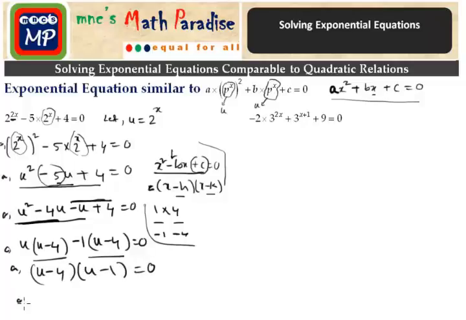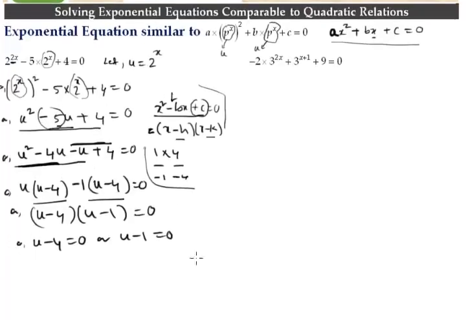Therefore u minus 4 equals 0 or u minus 1 equals 0, so u equals 4 if we take the 4 to the other side, or u equals 1. Now u is 2 to the power x. So we can write 2 to the power x equals 2 square, since 4 is 2 square.